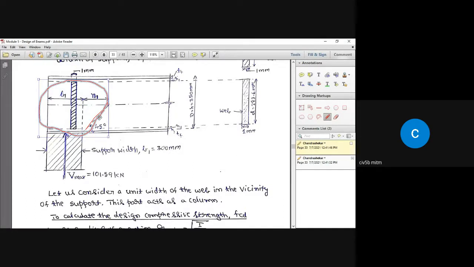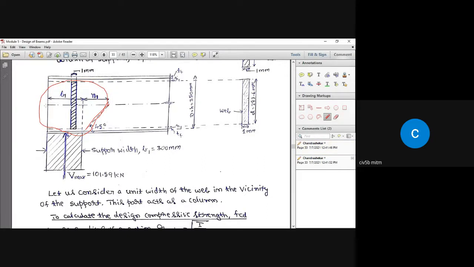That is provided at an angle of 45 degrees as recommended in the code, clause 8.7.3.1 on page number 67. Please open that page number 67. Okay.